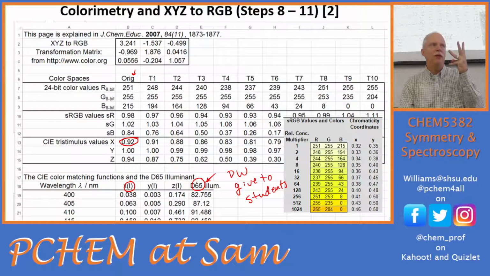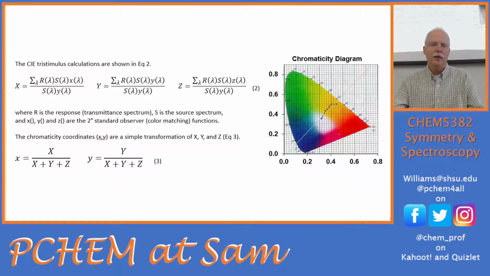So it's the sum product of all three of those arrays. And then I divide by the Y value times the illumination function. And that's the scaling factor in the denominator. And that gives me the X tristimulus value. Then for the Y, everything is the same, only it's the Y on top and bottom. And then Z, it's the Z on top and still the Y on the bottom. So these are those formulas, those tristimulus calculations.